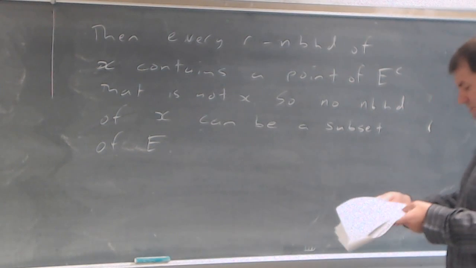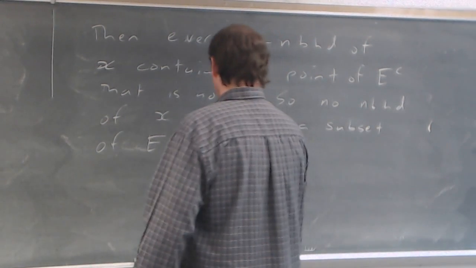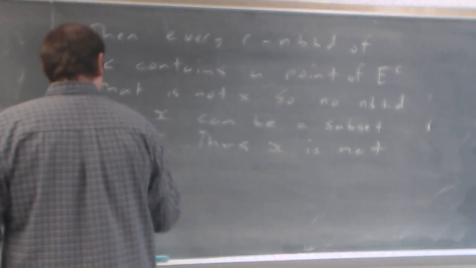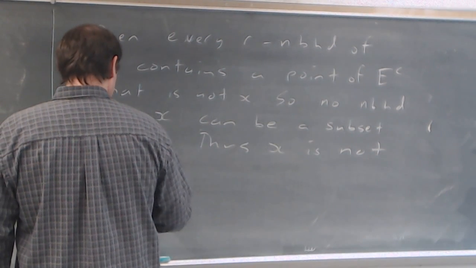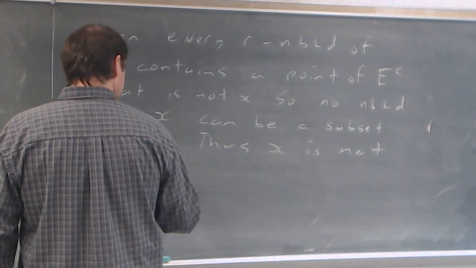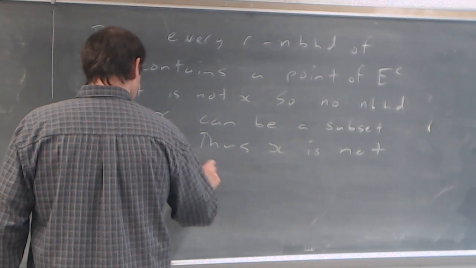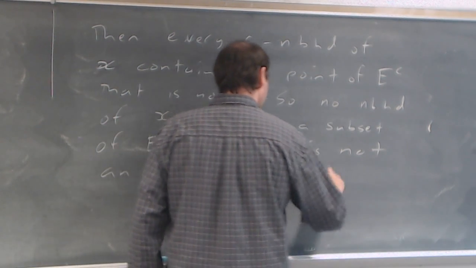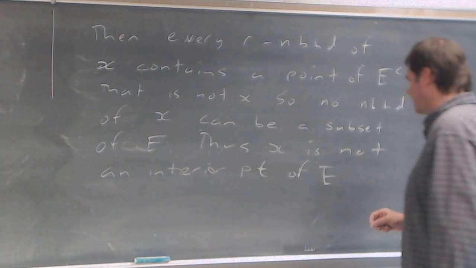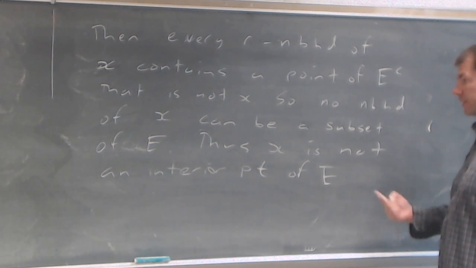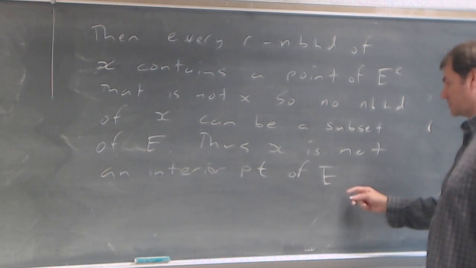So that means x is not an interior point of E. And remember, E is open, so the only things that E contains are interior points. Everything it contains is an interior point.